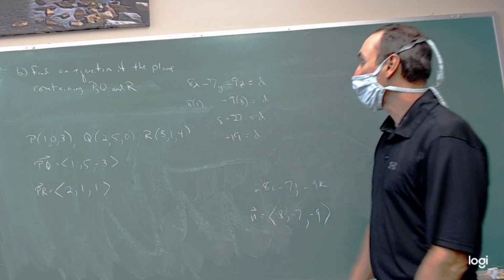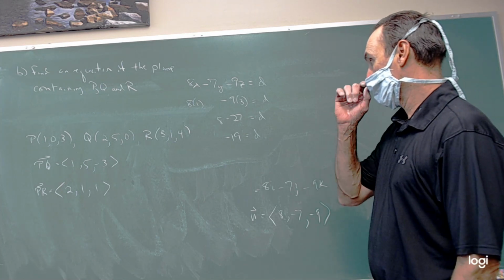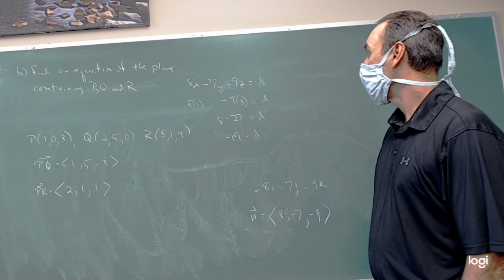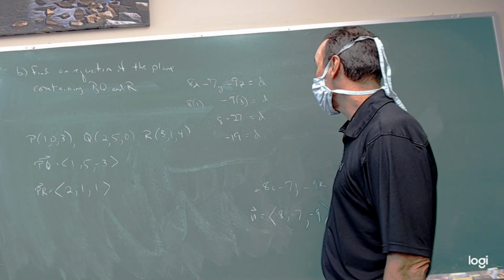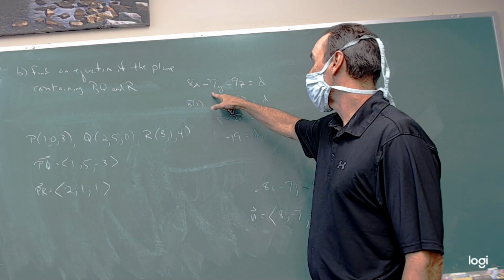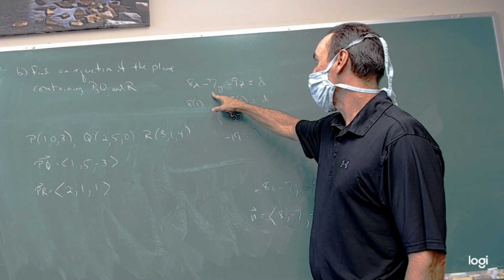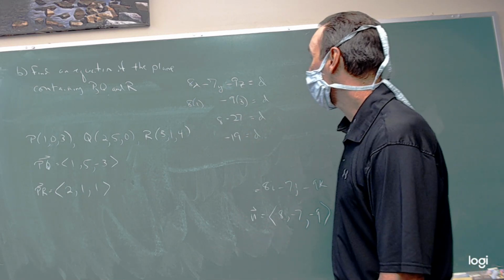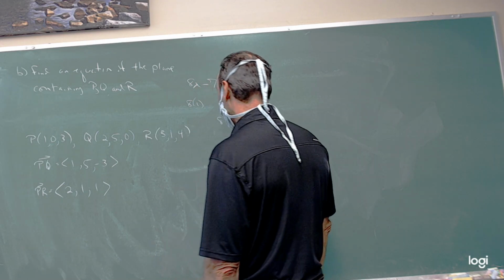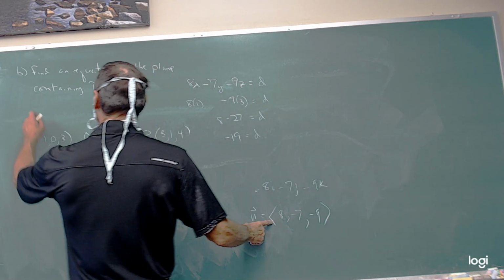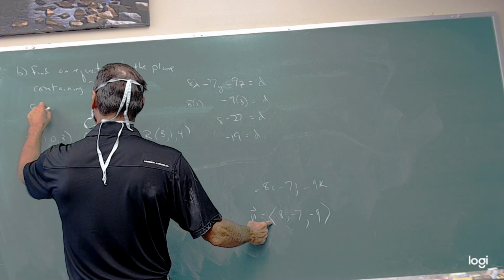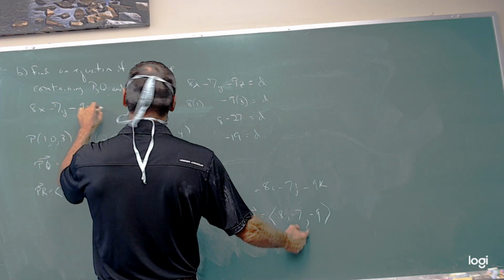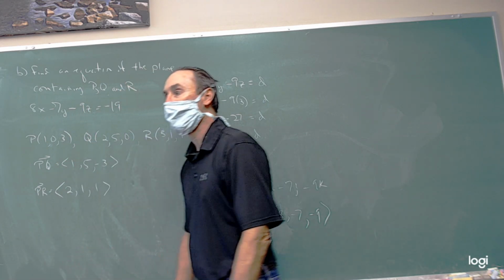Does that work no matter what we use, I hope? 16 minus 35, 24 minus 7, 17, minus 36, and negative 19 all the way around. So our answer then is going to be 8x minus 7y minus 9z equals negative 19. Kind of cool?